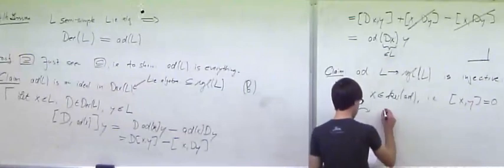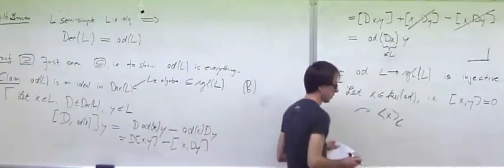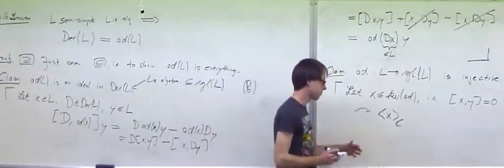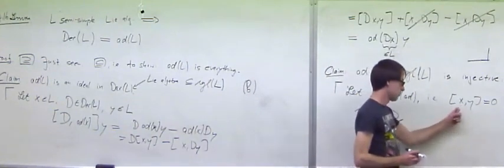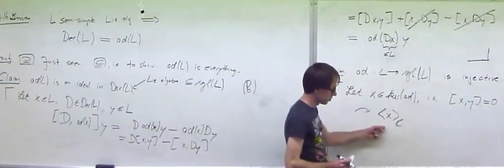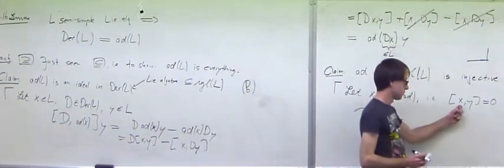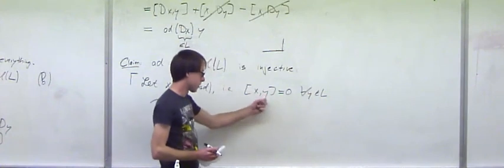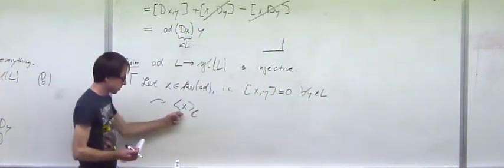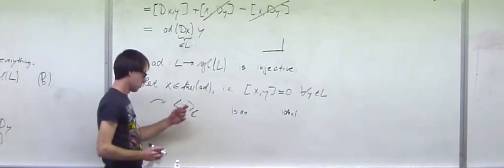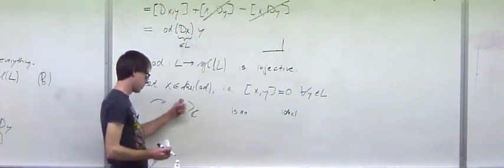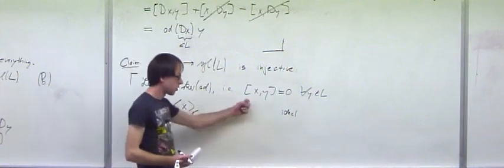So in particular, I take the one-dimensional vector space generated by x. When I take any element of this one-dimensional vector space and compute the bracket with any element of the Lie algebra, I get 0, which is of course contained in the vector space, so this is an ideal. And even more, if I compute the bracket of any two elements of this vector space, still I get 0.